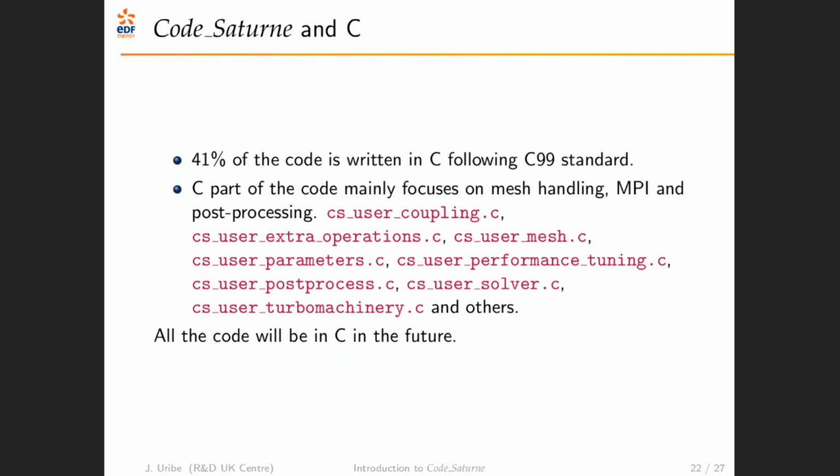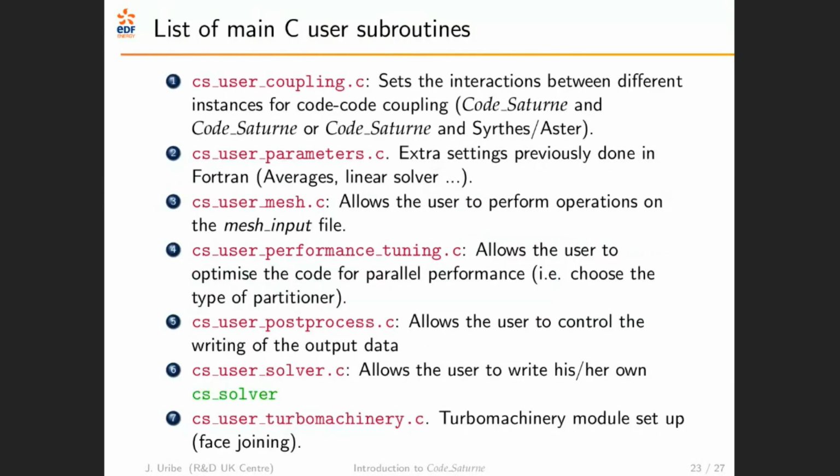In terms of C, as I said before, there's a lot of C now in the code, and there will be more in the future. I have 41% here, but I think now it's more like 50%. And everything that is being added to the code nowadays is being added to C subroutines. So there's going to be more and more subroutines. Here are just some of them. Here are some examples.